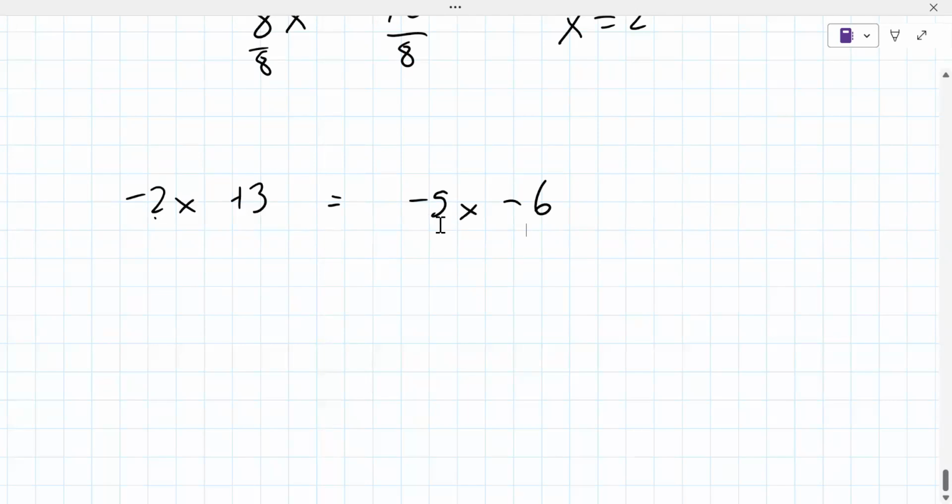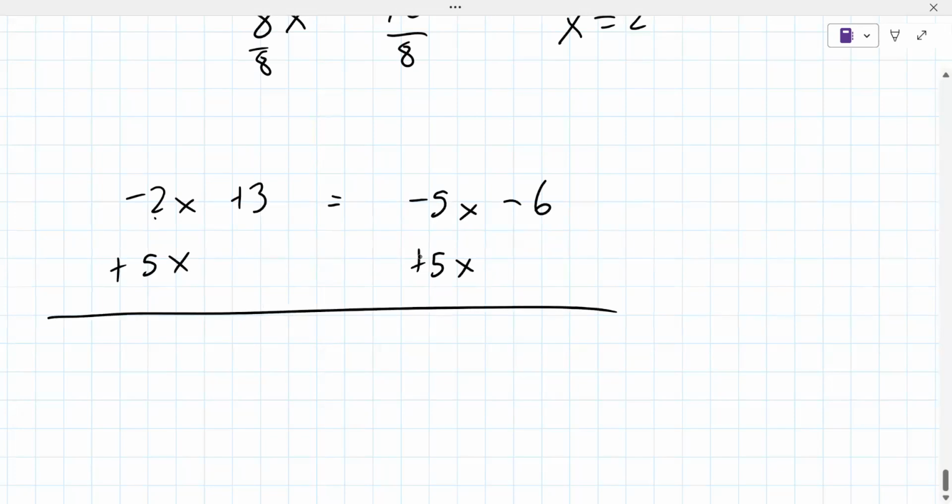That's actually further from 0. So you're going to add 5x to both sides. Sorry, I'm just trying not to do everything for you here. So see if you can work the problem out from here. Okay.